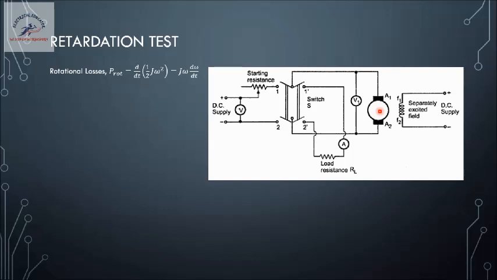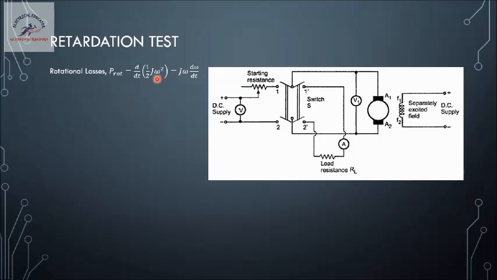But since this is a rotational motion, the kinetic energy is given by half J omega square, where J is the moment of inertia, which is an analogy for mass in linear motion. In rotational motion, we have to find out its moment of inertia, and omega is the angular speed.